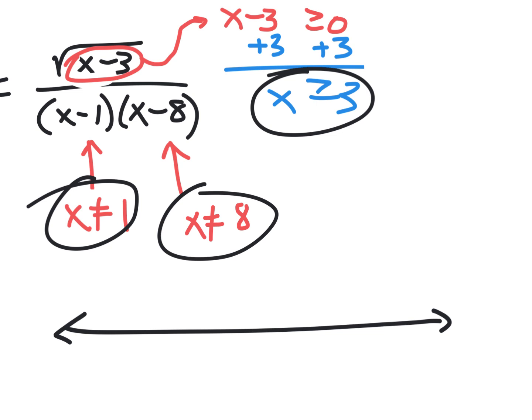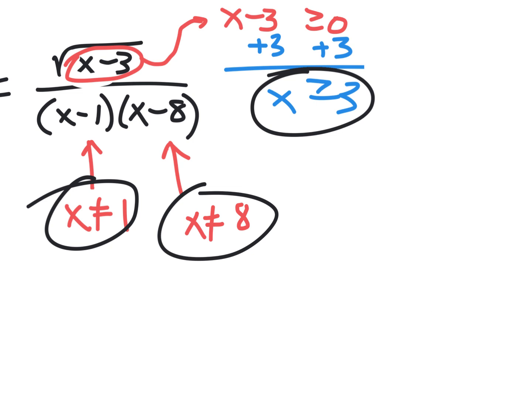And you're looking for things that are not 1, not 8, and bigger or equal to 3. There's not many numbers that are left. Put it this way, there's a lot of numbers that won't work. I'll pause for a second while you try to put those 3 things on a number line.